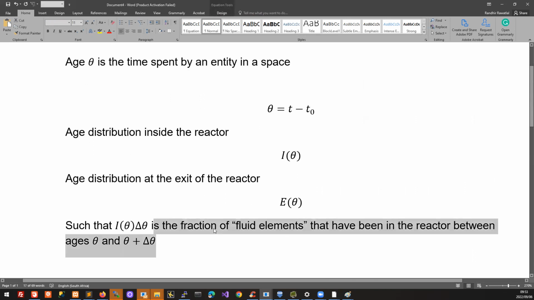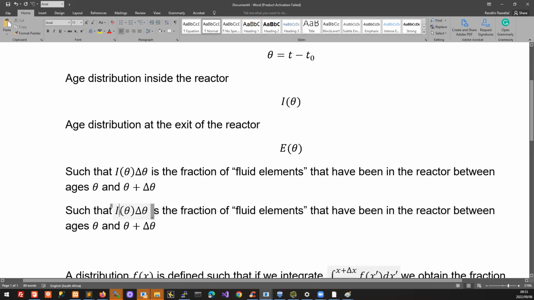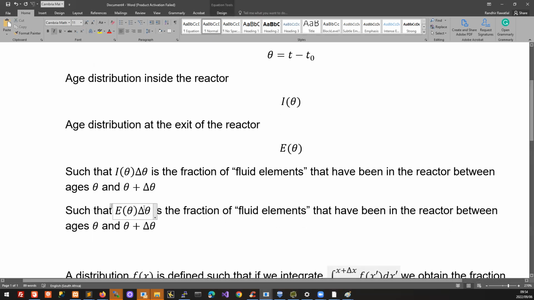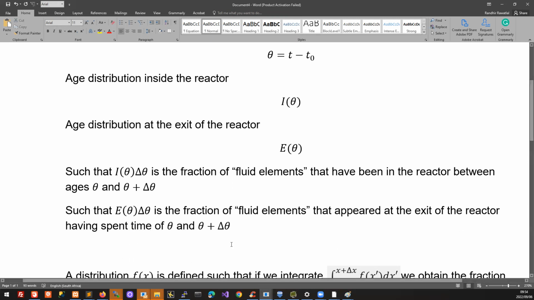And by the same token, we can define E of theta. So we define E of theta such that E of theta delta theta is a fraction of fluid elements that appeared at the exit of the reactor, and we should say here, having spent time of theta to theta plus delta theta.